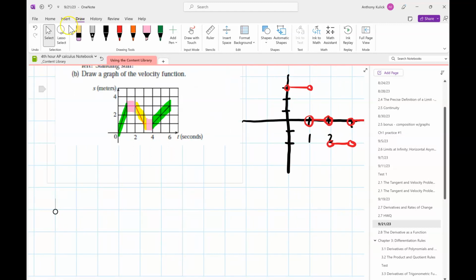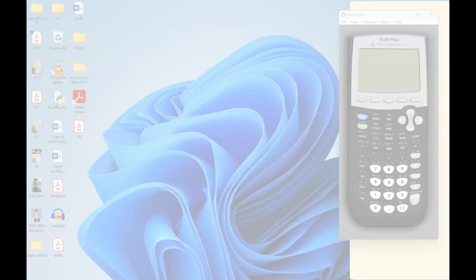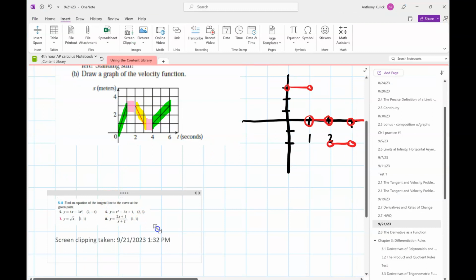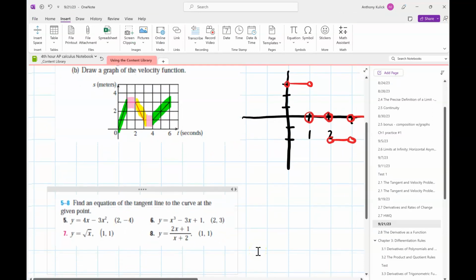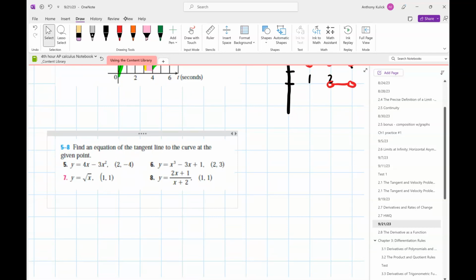So I think this one, depending on how you went about it, could go from not too bad to real bad. Let's see, equation for the tangent. Okay, so I need to start off by getting m.